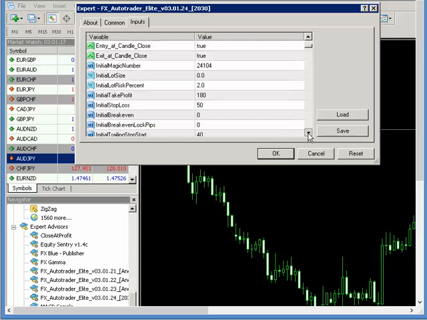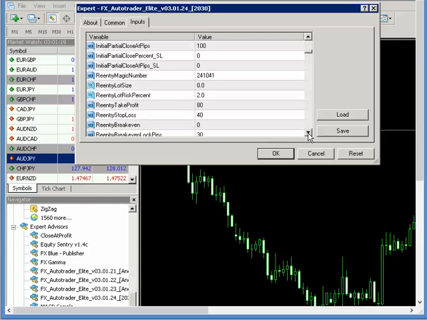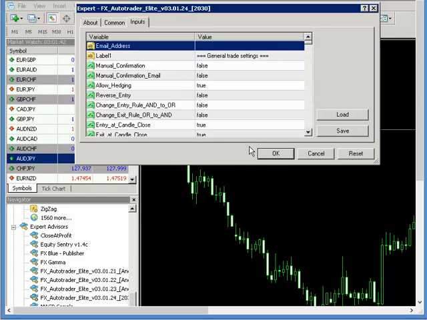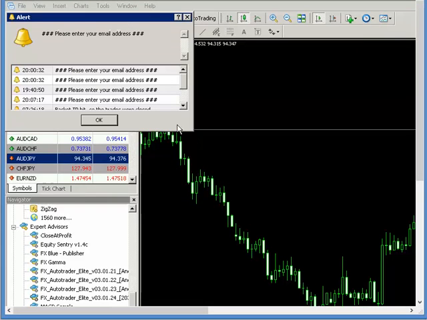But again, we also have a re-entry trade on this, so you also need to look at the risk setting for the re-entry trade. In this case, we don't use any scale-ins, so those are 0 and don't touch that. Anything else you don't need to touch, and once you've entered your email address as your password on the top, you can click OK and you're off and running.